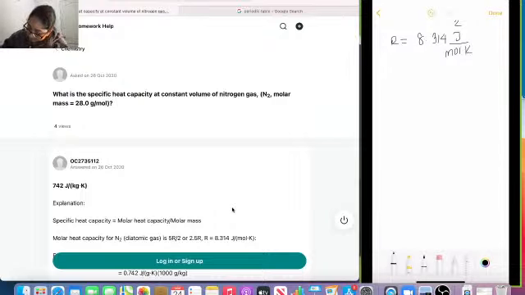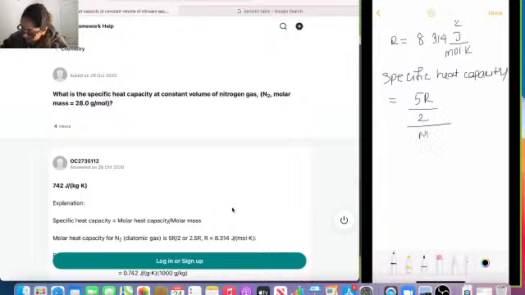And so the specific heat capacity is equal to 5R over 2, all over the molar mass.